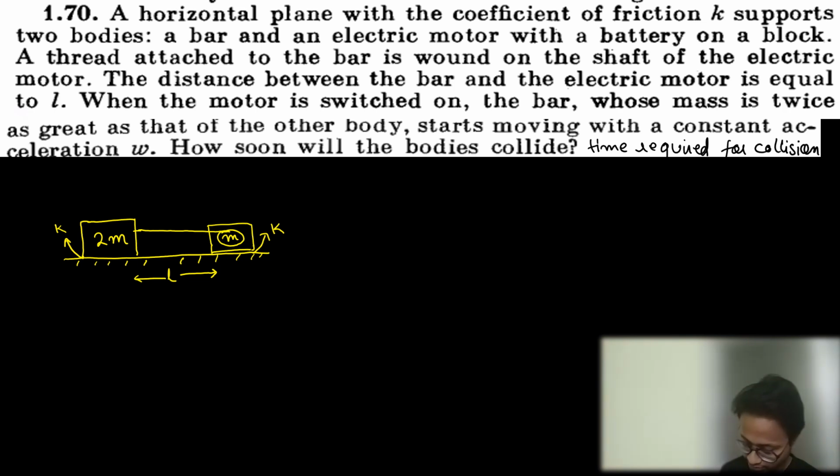Now in the question, this 2m is being pulled by tension. So let's draw the free body diagram. Free body diagram of 2m is being pulled by tension. It is being opposed by friction, which is equal to k into 2mg, and has acceleration of a, say a of block.